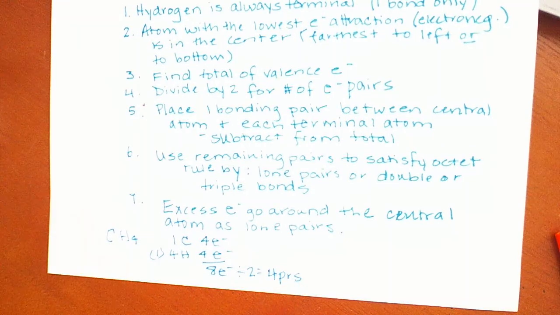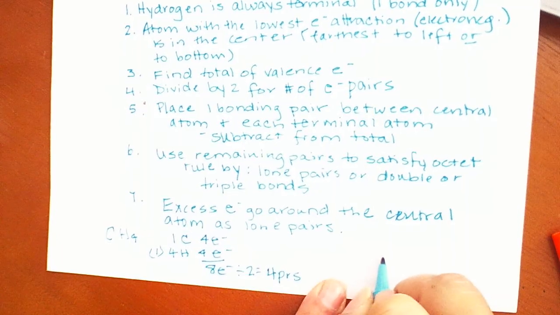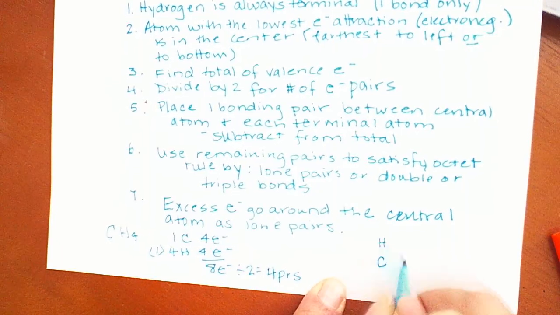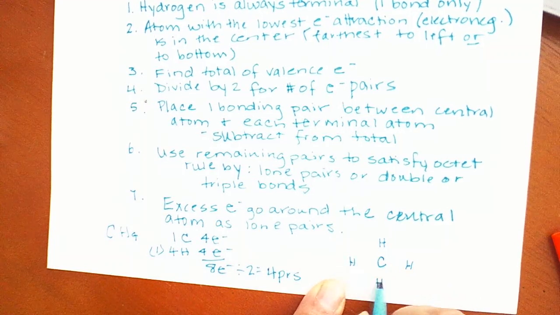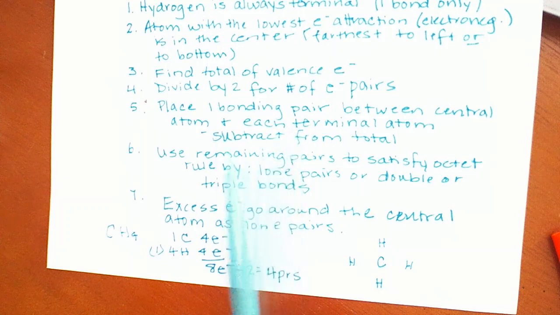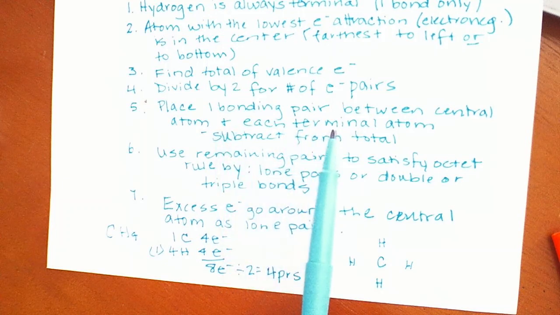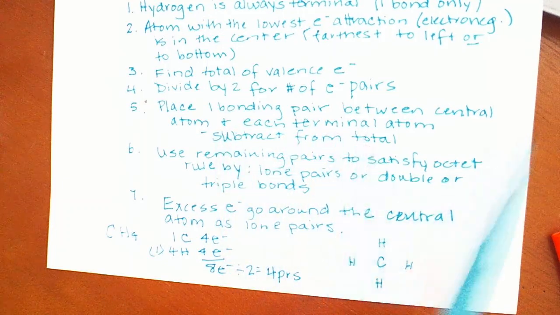Now I look on my periodic table. I know that hydrogen is terminal, so therefore carbon has to be the center. So carbon goes in the middle. Each one of the hydrogens is going to go on the outside. Most of these that you're going to get are either a straight line or a wheel. Then I'm going to place number 5, one bonding pair between the central atom and each terminal atom.